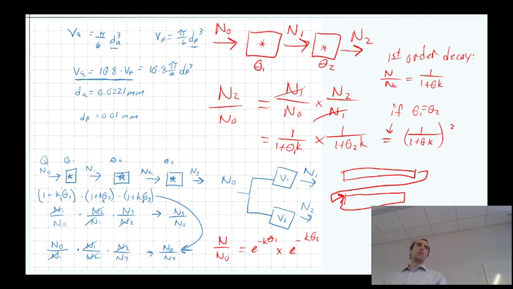The k theta terms will add together, and we'll just be left with a larger theta. So that's kind of how it works out. With a plug flow reactor, it's much simpler, but you can use the same tools in either case.